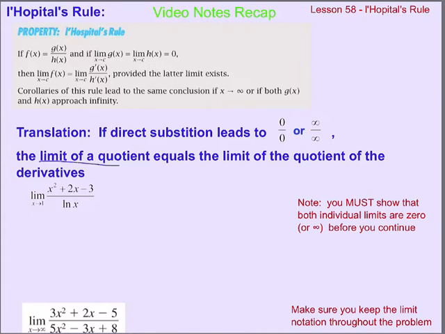So the limit of a quotient equals the limit of the quotient of the derivatives, if direct substitution leads to 0 over 0. And it's also true for infinity over infinity.